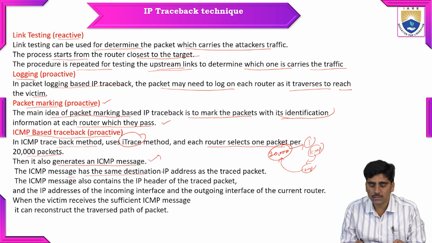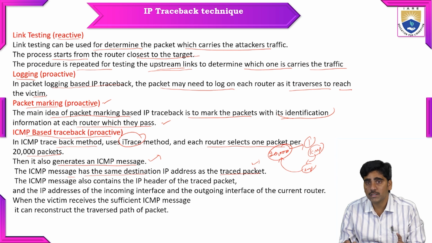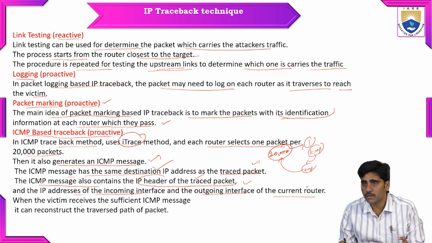The ICMP message has the same destination IP address as the traced packet. The ICMP message also contains the IP header of the traced packet, and the IP addresses of the incoming interface and the outgoing interface of the current router.